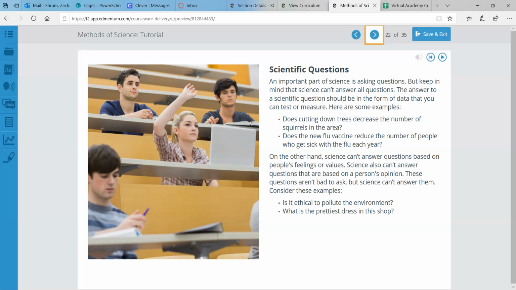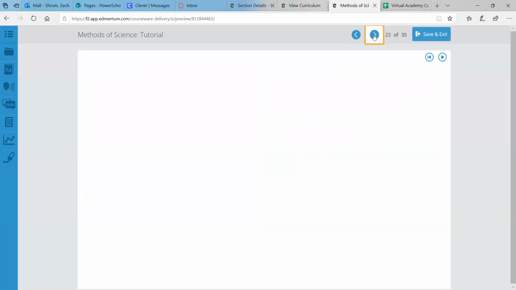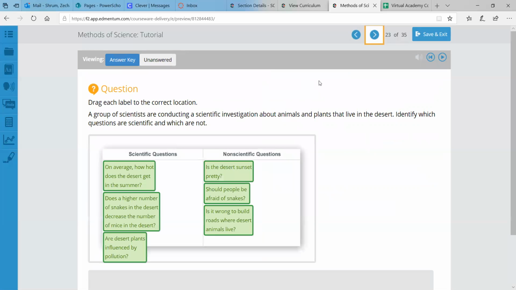And if it's subjective, you can't test it with science. And this just asks you, can you identify scientific questions and not scientific questions? So if it has pretty, should, right or wrong, chances are it's not scientific.